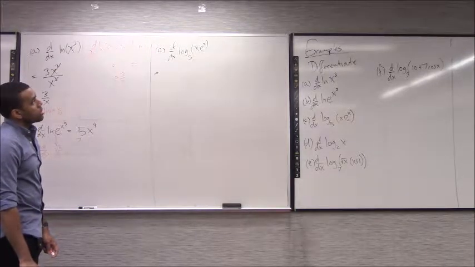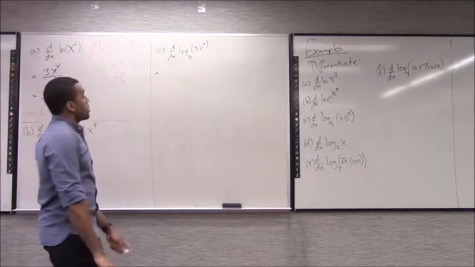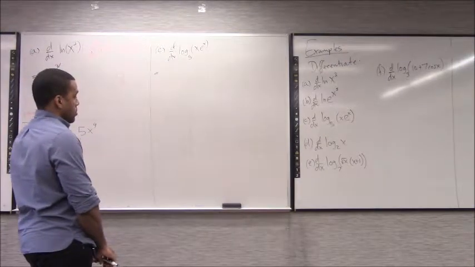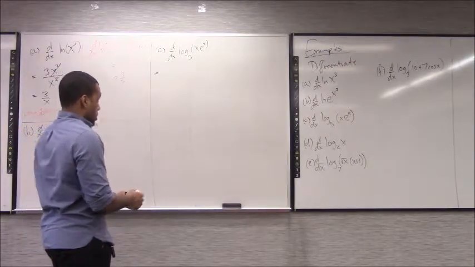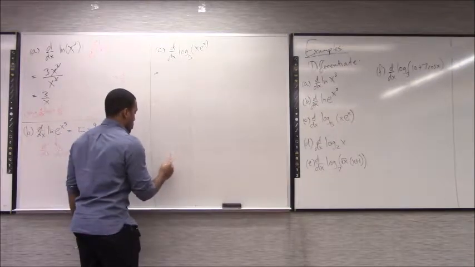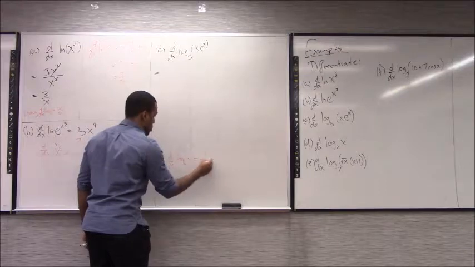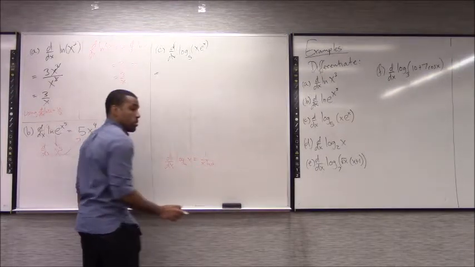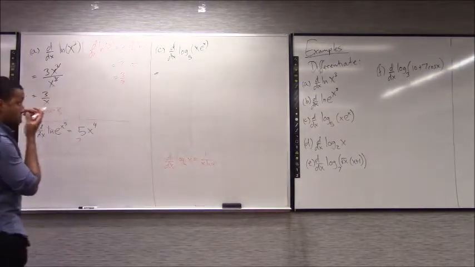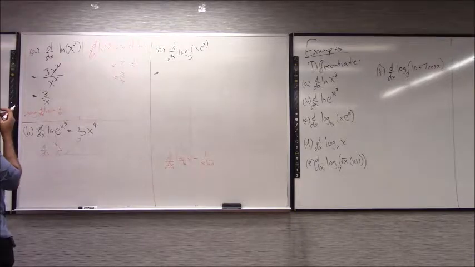I don't really know if I did this right, but I followed the rule, 1 over x ln a. So you're using the rule that the derivative of log to the base a of x is 1 over x ln a. And then I took the derivative of the inside, following the chain rule, but I don't know if this is right.